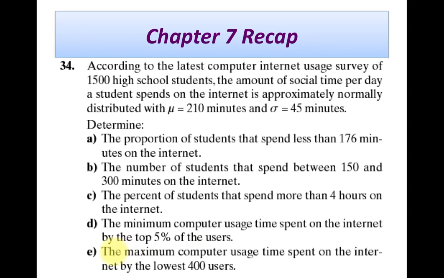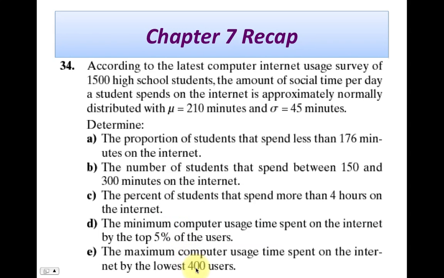And Part E is one of the more trickier parts. The maximum computer usage time spent on the internet by the lowest 400 users. Okay, so this is tricky. You're going to find the proportion that represents the lower 400 users. The proportion of the lower 400 is basically 400 divided by the total, 1500.